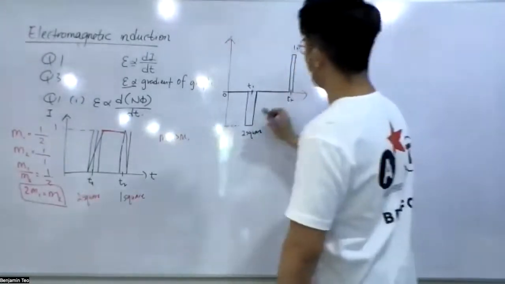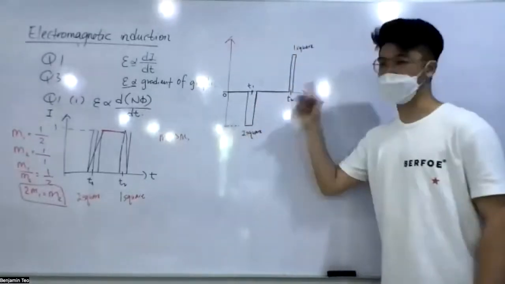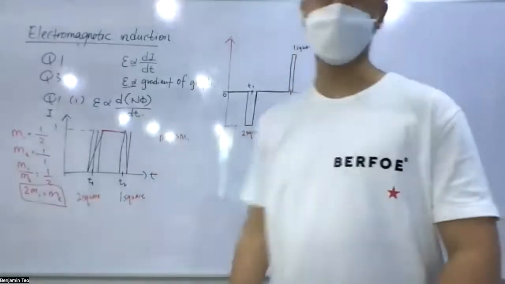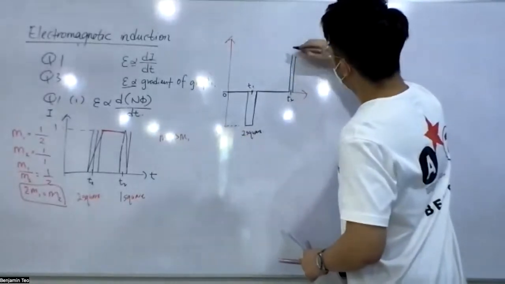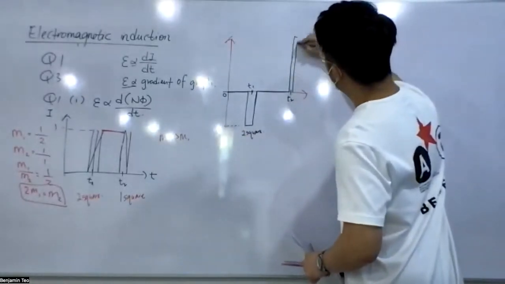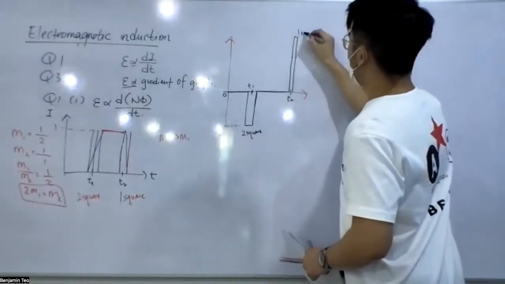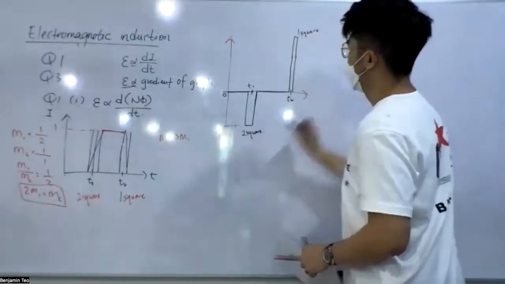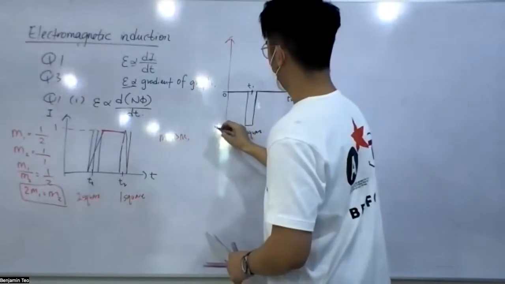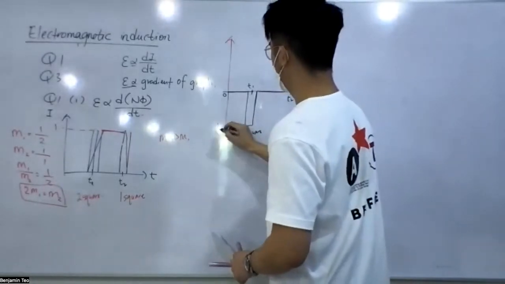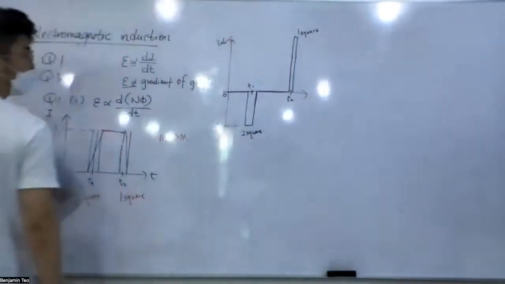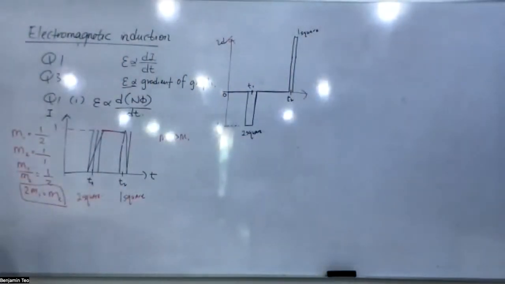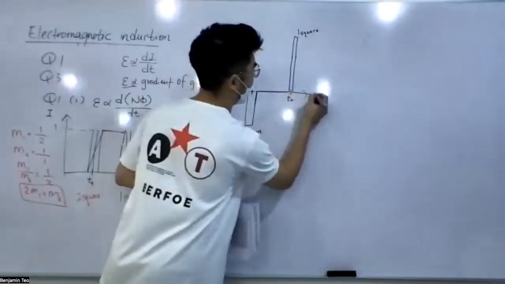The height should be twice of this one, because the gradient is 2 times. So this one. And starting here, it's flat.